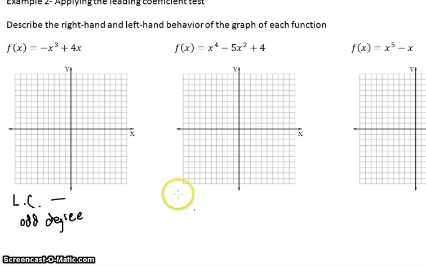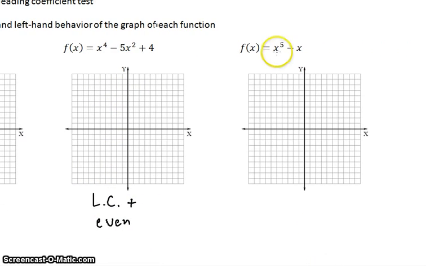That's a third degree function. This one here is an even degree, and it has a leading coefficient that's positive. This one is a function with a leading coefficient that's positive, and it is odd. So we have these labeled.